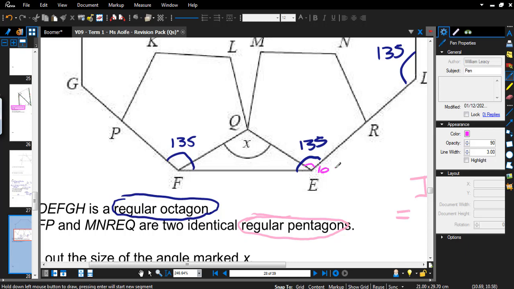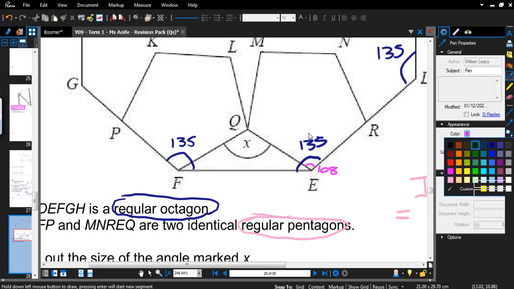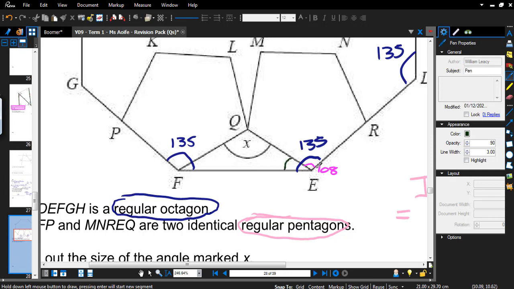But if that's 108 degrees, then what's this angle? It's going to be 135 minus 108. So I'm going to call this Y. And if that's Y, this is Y, because we are told that these are identical pentagons.